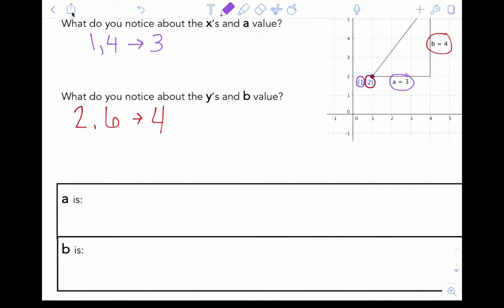If you notice, your x's are 1 and 4, and your a is 3. So notice that 4 minus 1 is equal to 3. Your y's are 2 and 6, and your b is 4. So also notice that 6 minus 2 is equal to 4.